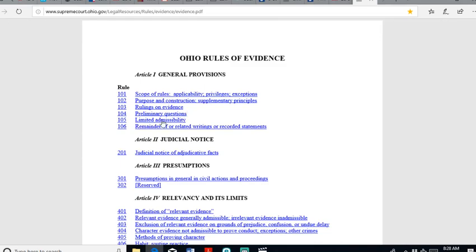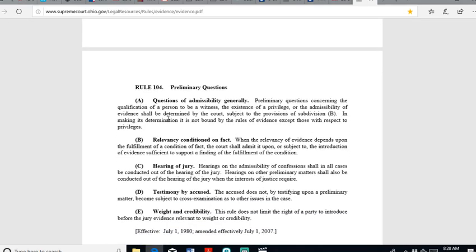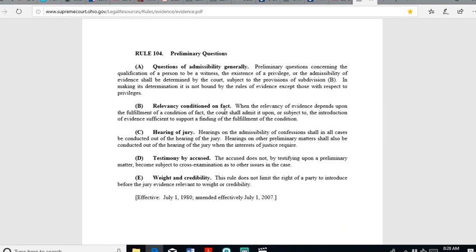So, ruling on evidence. Just to give you this, relevancy conditioned on fact. When the relevancy of evidence depends upon fulfillment of a condition of fact, the court shall admit it upon or subject to the introduction of evidence sufficient to support a finding of the fulfillment of the condition.